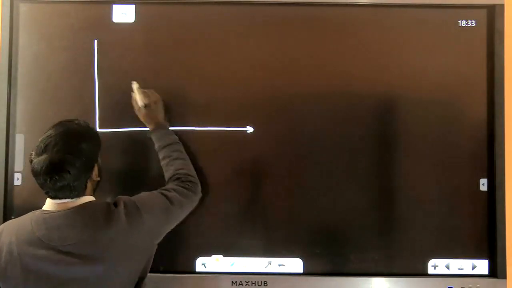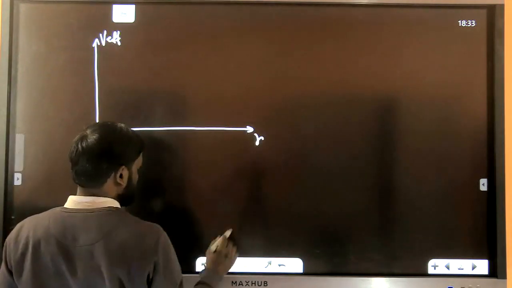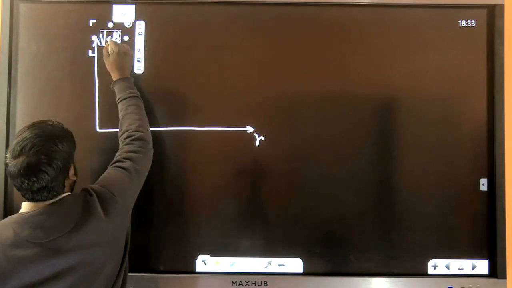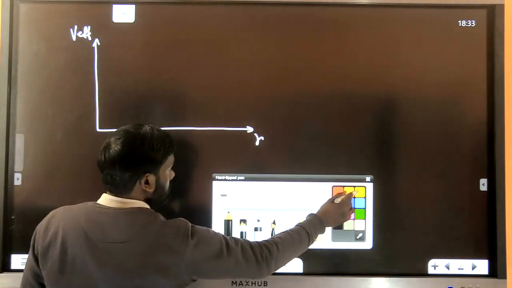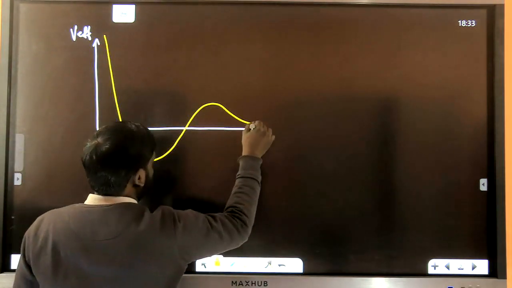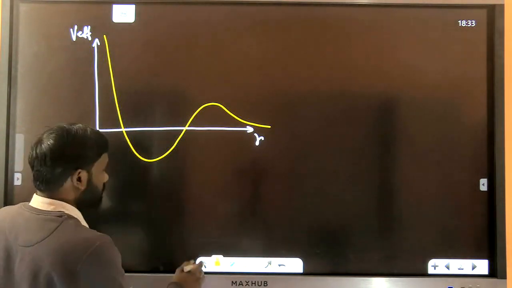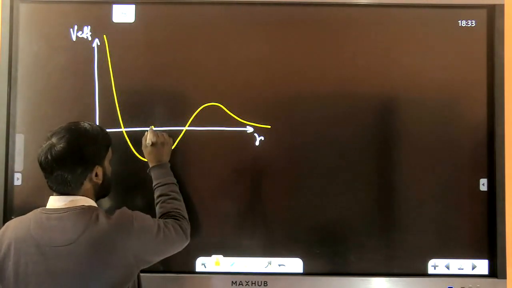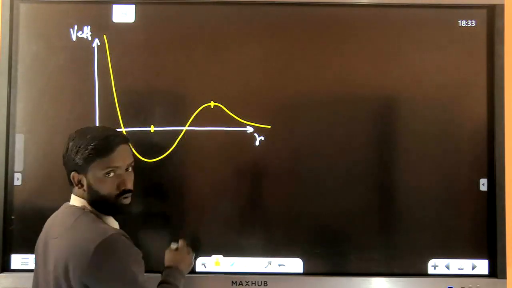V effective versus r. If we plot it, I think it will be something like this. So this point corresponds to the minimum value of effective potential, and this point corresponds to the maximum value of effective potential.